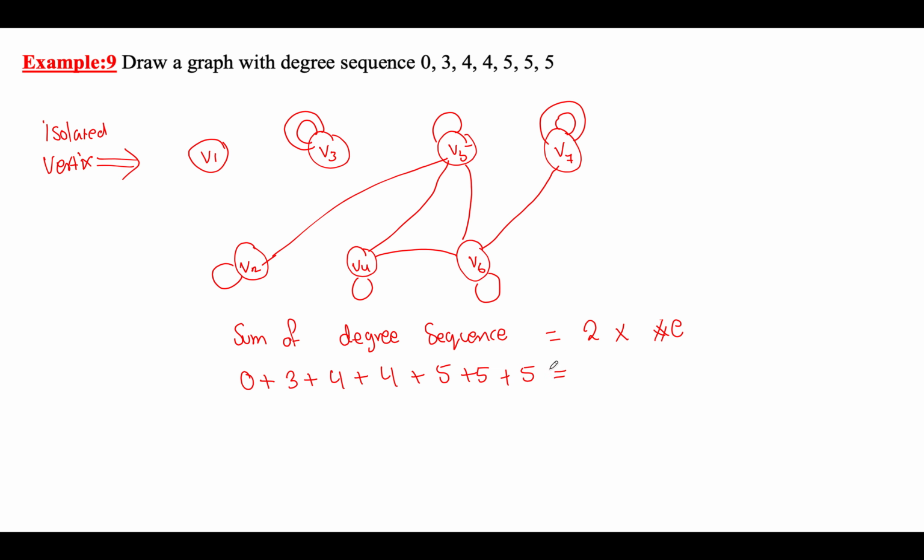We want to check, is this equal to 2 multiplied by the number of edges? If we add those together, 4 and 4 is 8, plus 3 is 11, plus 15 is 26. Now, how many edges do we have in this graph? Let's see, 1, 2, 3, 4, 5, 6, 7, 8, 9, 10, 11, 12, and 13. So 2 multiplied by 13 is equal to 26. Here we see that the relation is definitely correct.